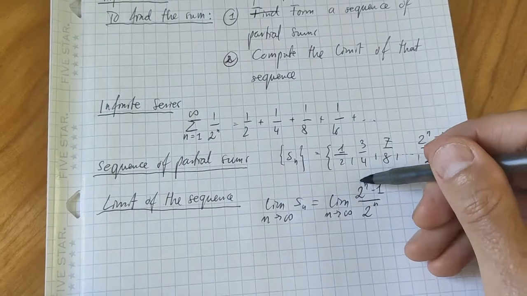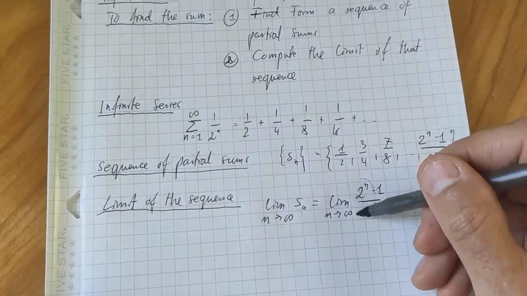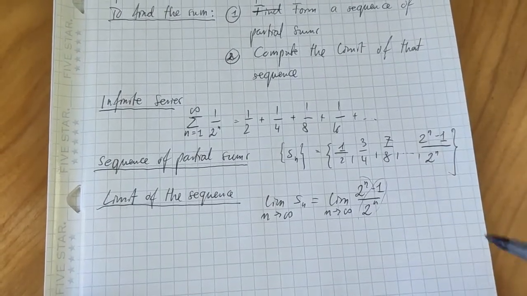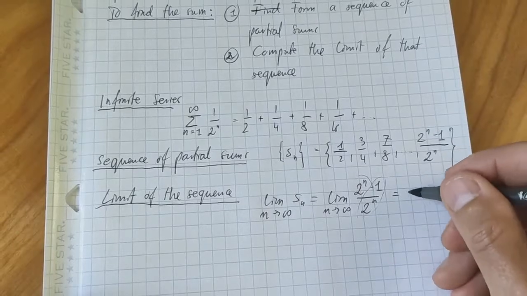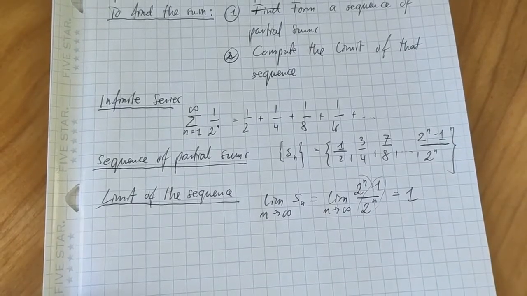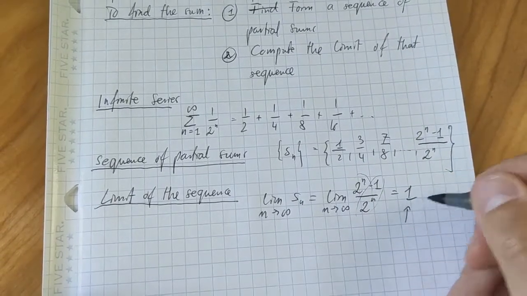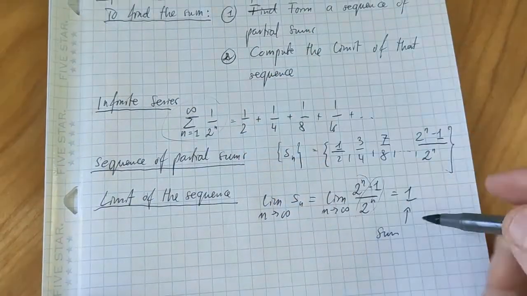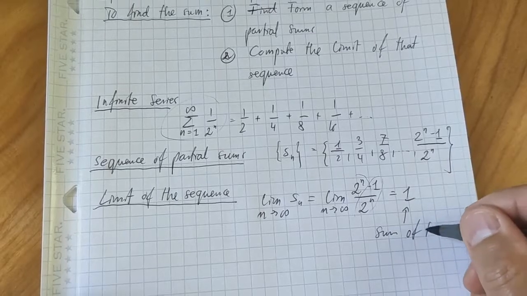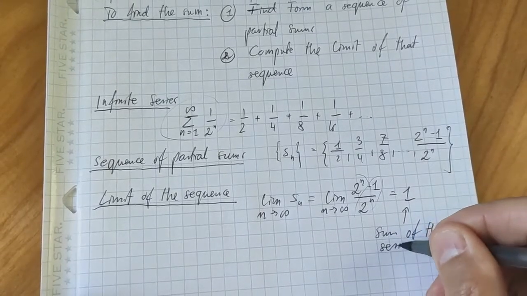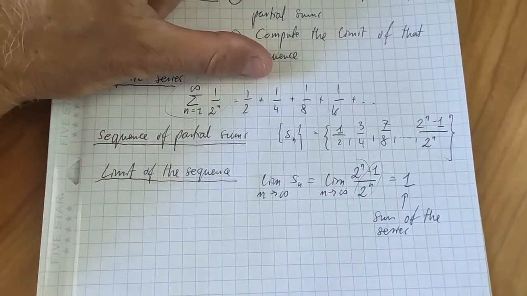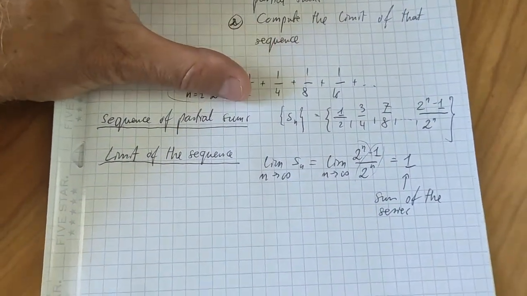We can separate it into two fractions. This fraction would be 1, and this fraction would tend to 0. So 1 minus 0 is 1. This is the sum of this series, and that's the point of this whole thing.